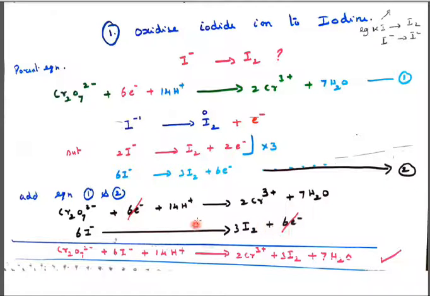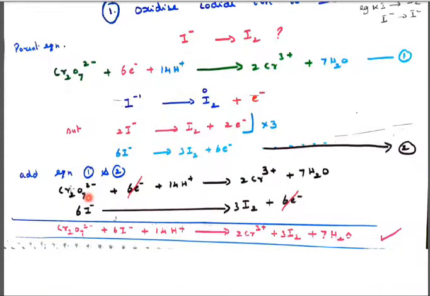Now when you add, where the reactant sides are the same, we add up; where the product sides are the same, we add up. If the same species is on opposite sides, we should cancel it. So 6 electrons on the reactant side and 6 electrons on the product side get cancelled.